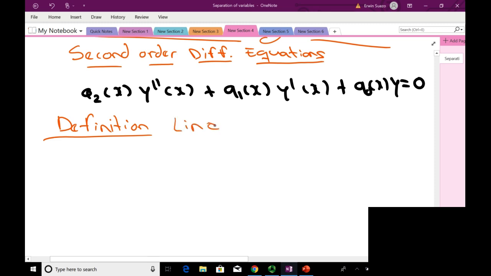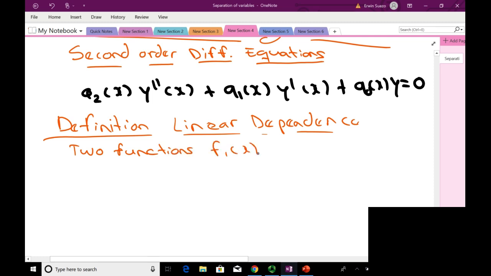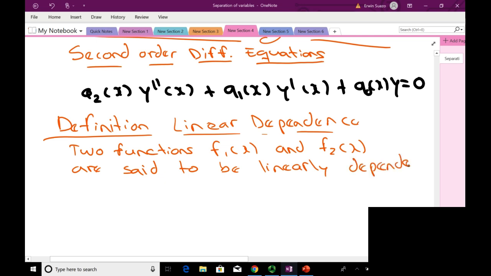Linear dependence. So let's say two functions f1(x) and f2(x) are said to be linearly independent, linearly dependent on an interval I. So all of these have the same domain.